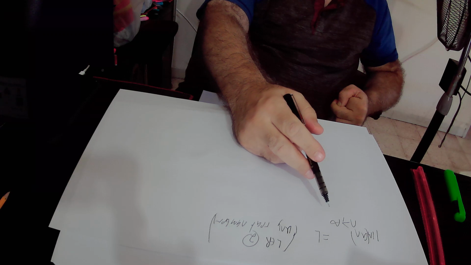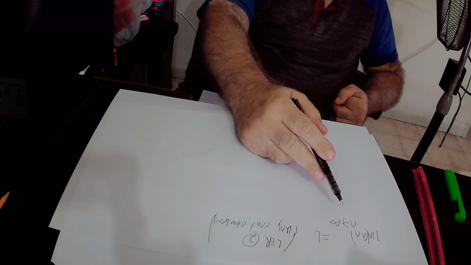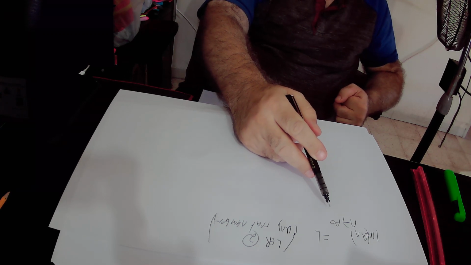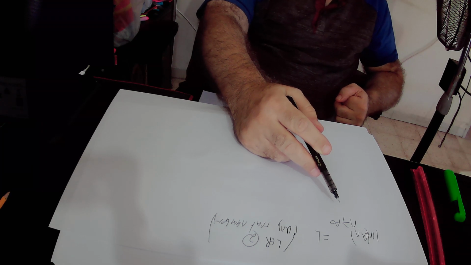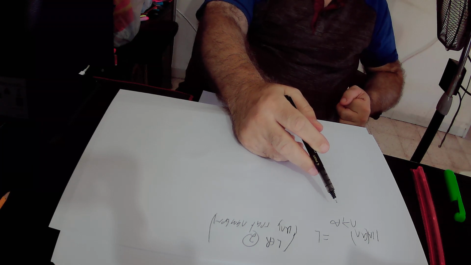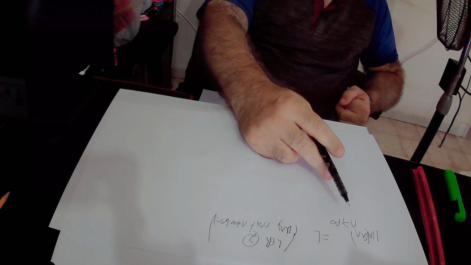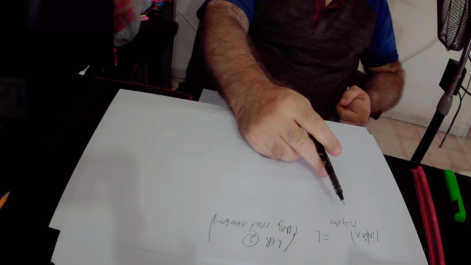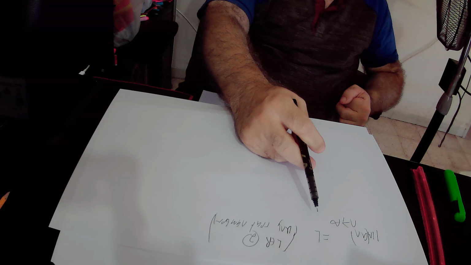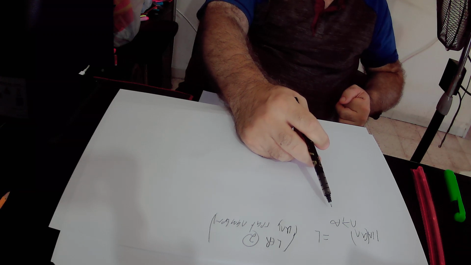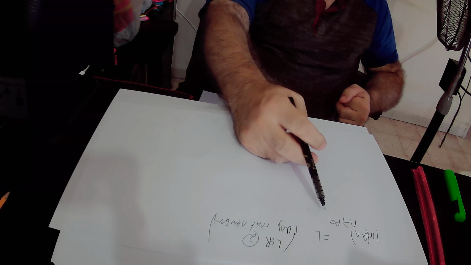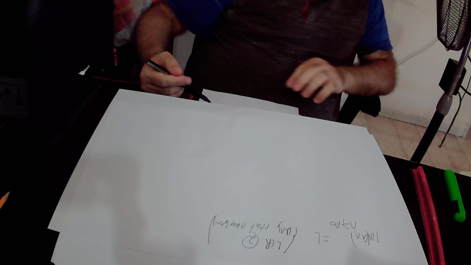L is the limit of sequence an when n tends to infinity if and only if the terms of sequence an are becoming closer and closer to L when n tends to infinity. Okay?